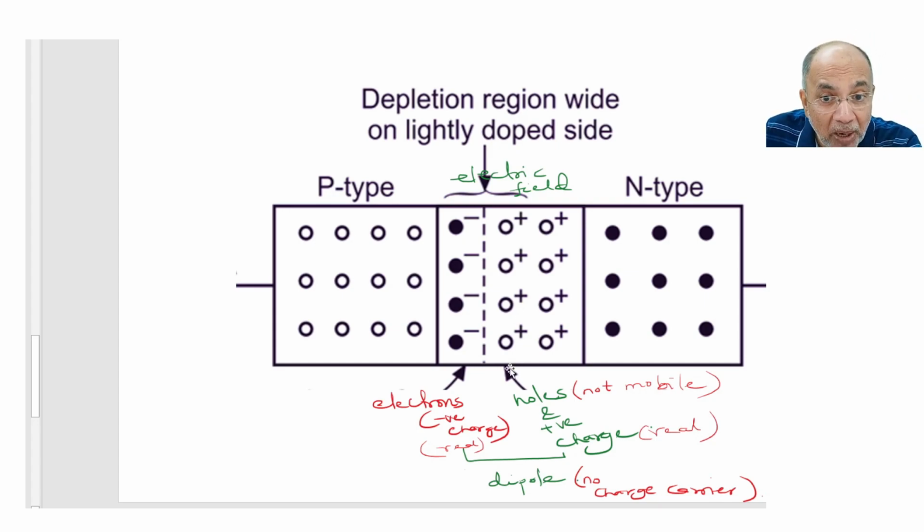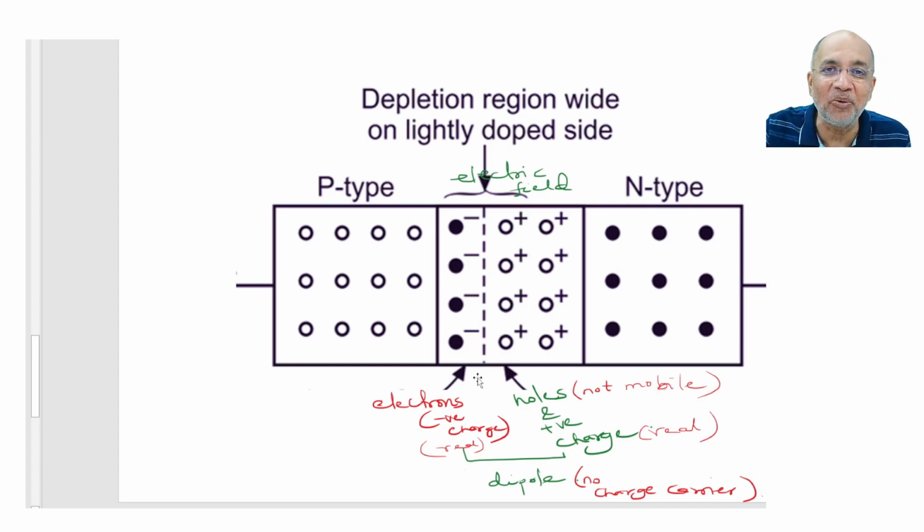Now the interesting part of this depletion zone is that it doesn't have any charge carrier. There is no free electron in the N side of the depletion zone, and there are no mobile holes. The holes that carry electrons are now immobile. Electrons are tightly bound to the silicon nucleus, and they are no longer free electrons.